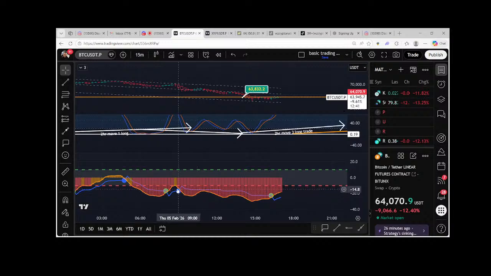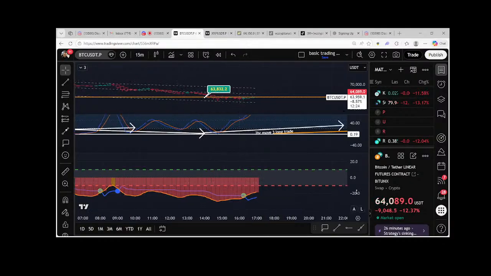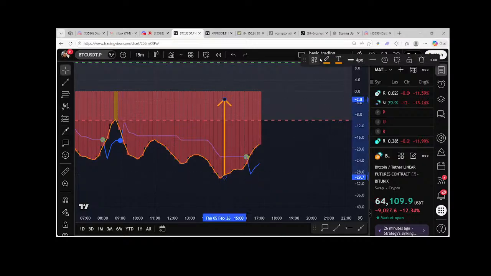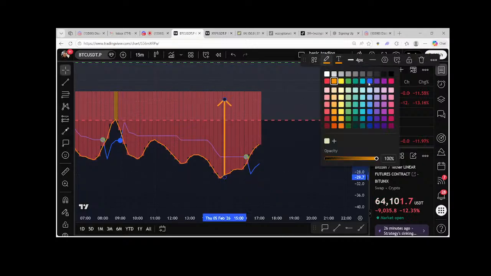After the 4-hour third move happens, you go to the 15-minute time frame, you look at the moon indicator, and when that moon line starts to go up, that is where you enter, on the 15-minute.